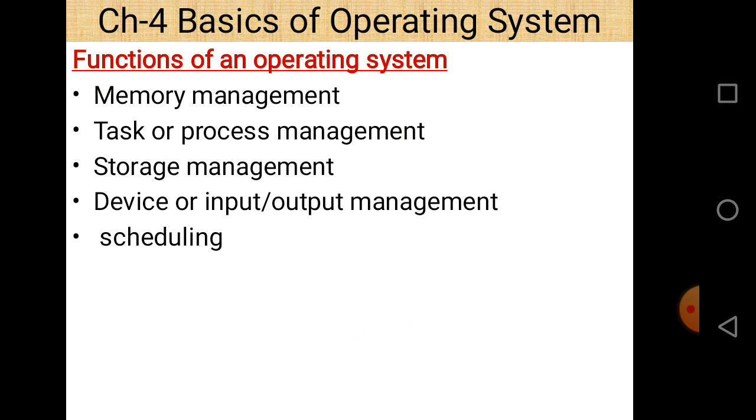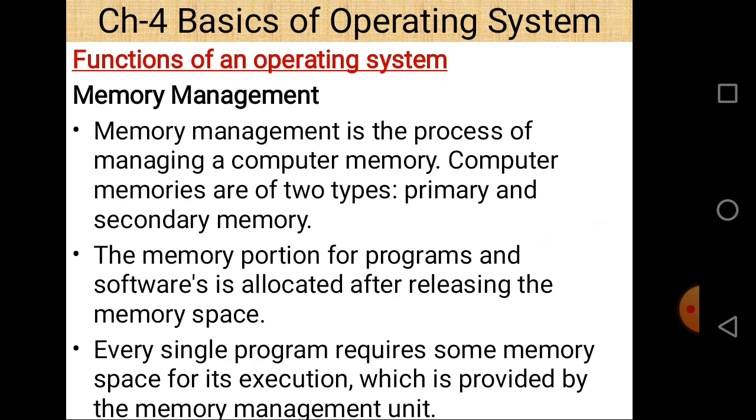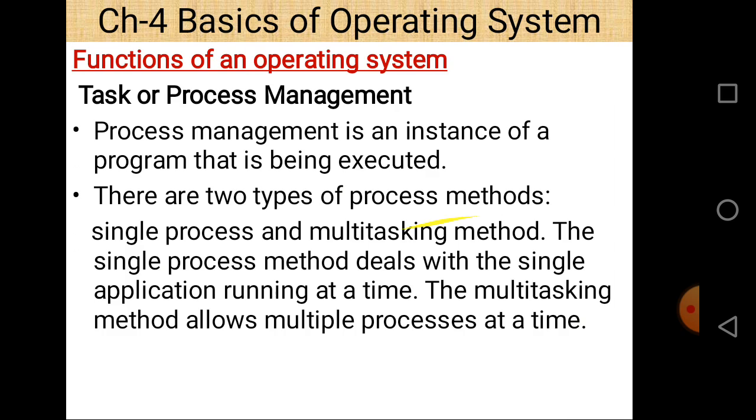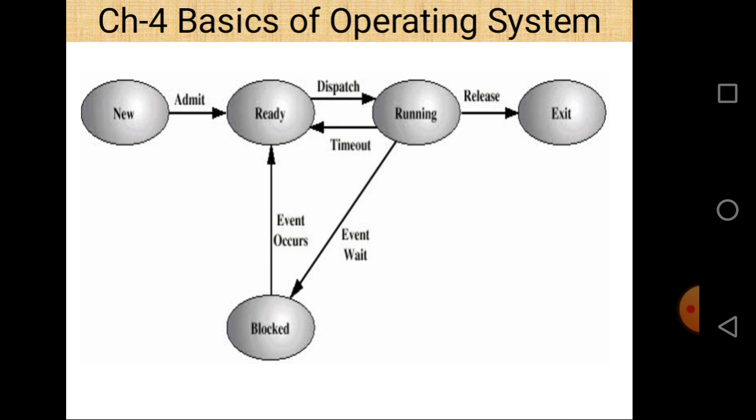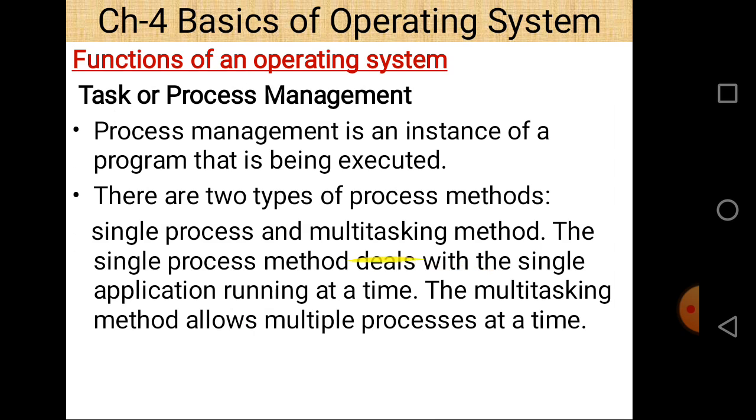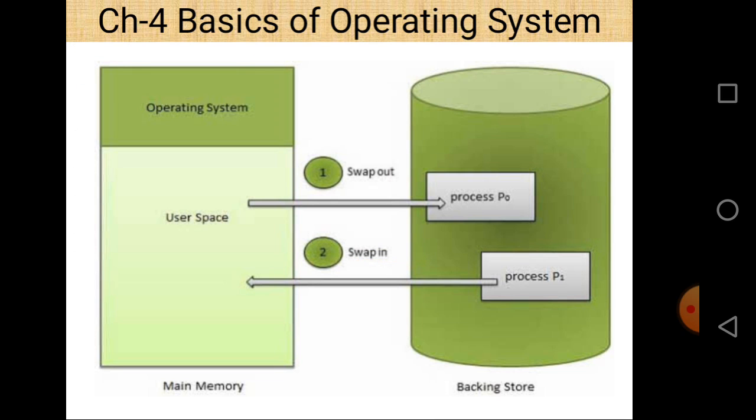All process management is also done by the operating system, and a process has different phases, a particular life cycle. You can easily see the life cycle here. It is also managed by our operating system, and this is the diagram related to memory management.